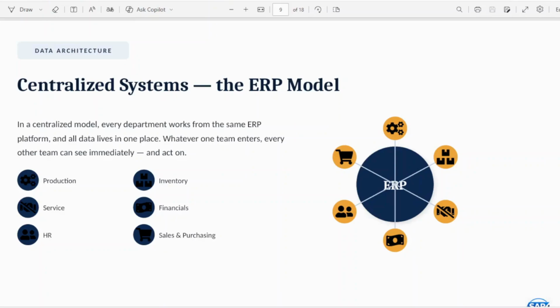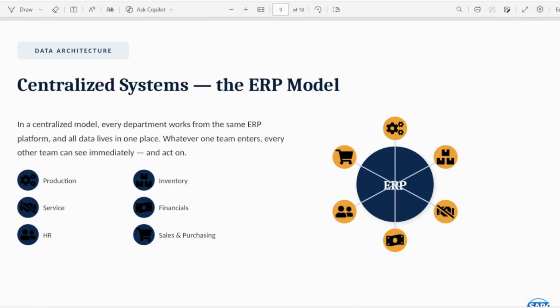And what are the benefits in the centralized system, the ERP model? Now let's flip this around and look at the centralized system, which is exactly how ERP and SAP work. In a centralized model, every department, production, inventory, service, finance, HR, sales, and purchasing, all work from the same system.